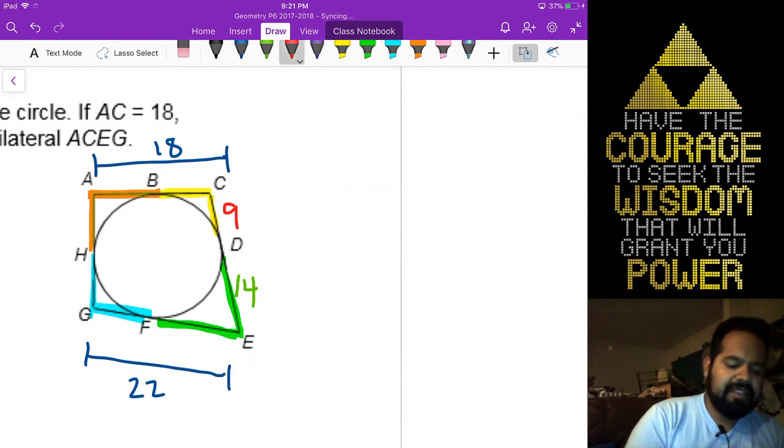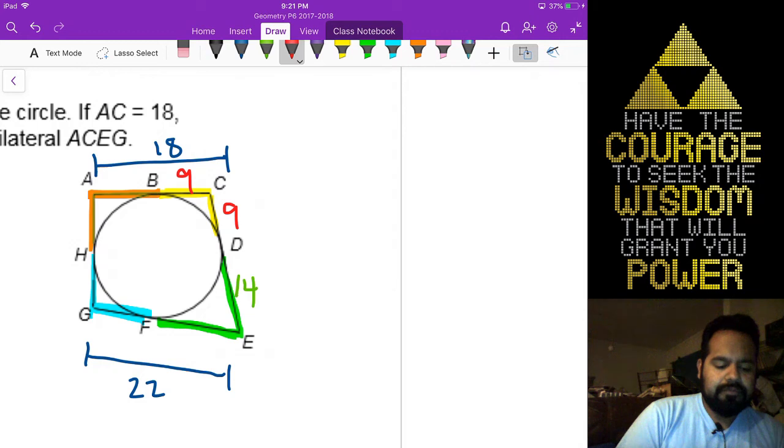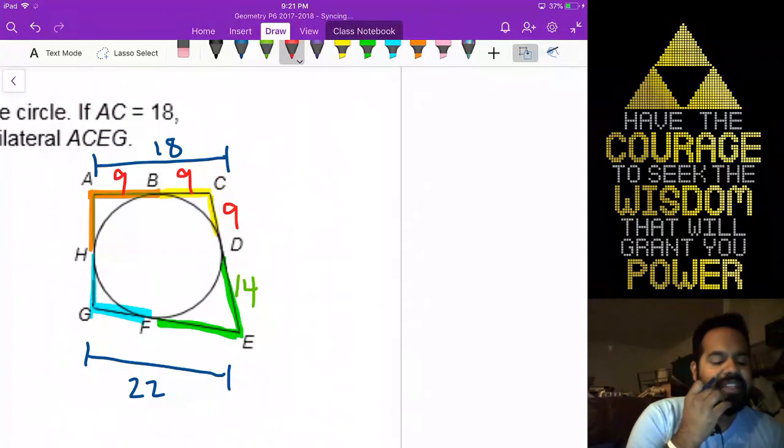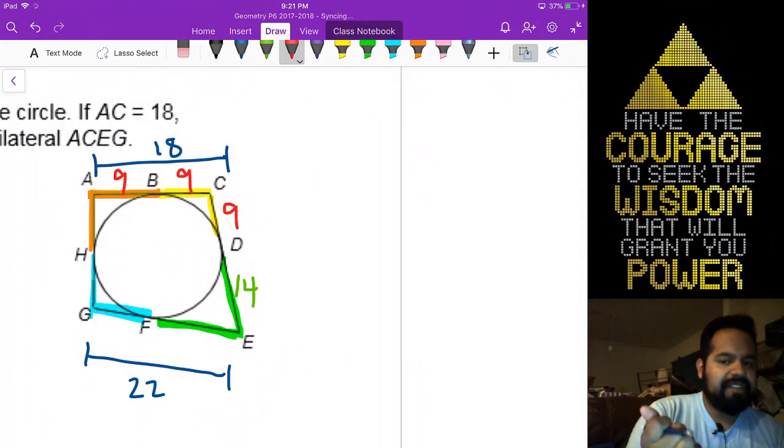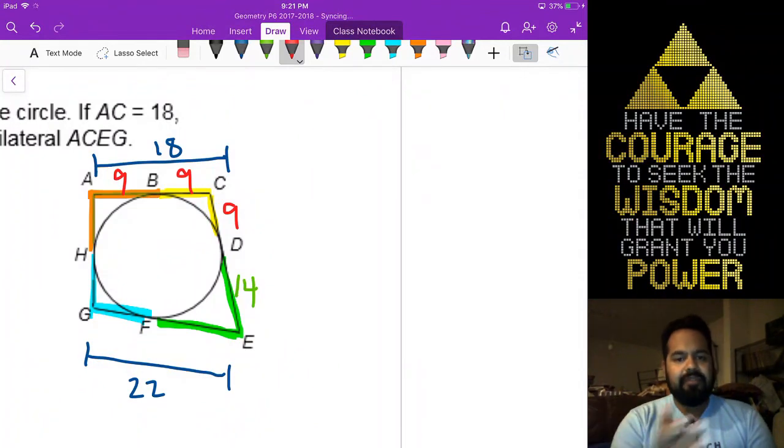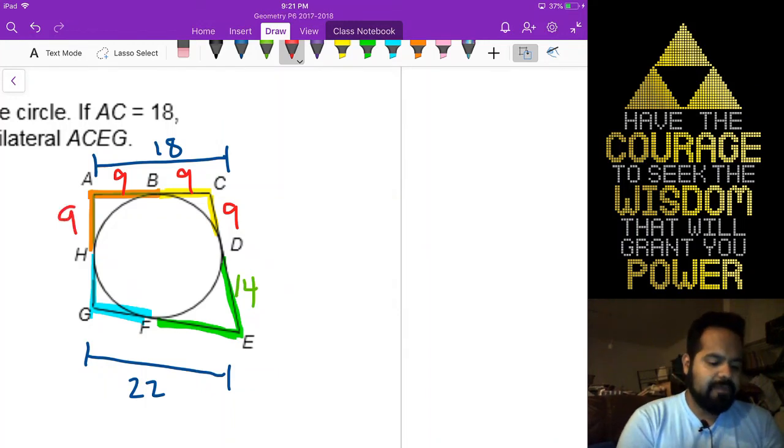So if this length is 9 here, that means this length is also 9 here. Now it so happens that if I take 9 away from 18, I also get 9. But the key phrase is it so happens. It's not necessarily the case that both sides are equal. You still have to go through the work and show how you get there. Okay? Okay, that came out wrong.